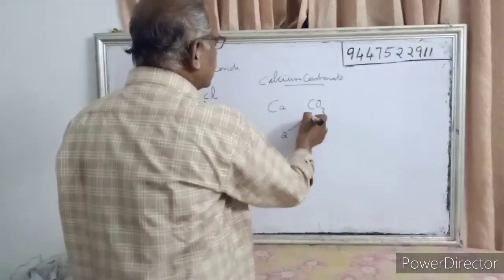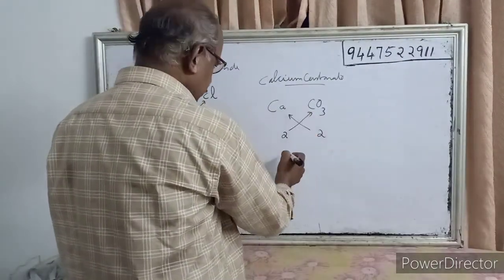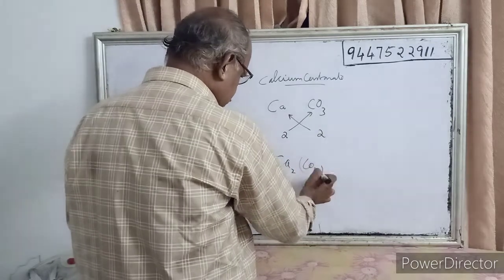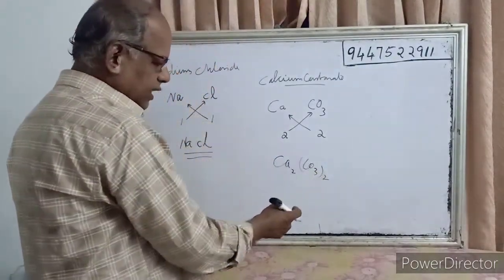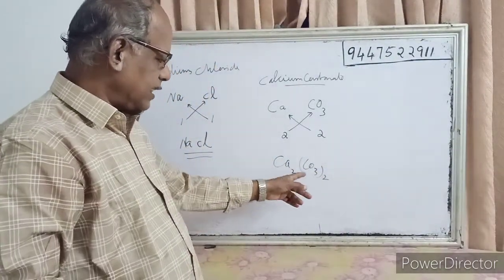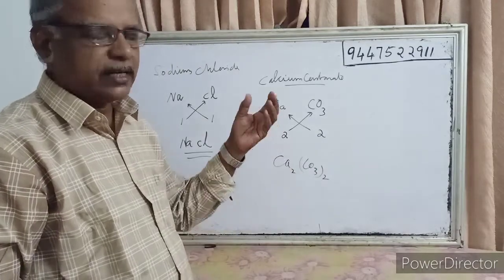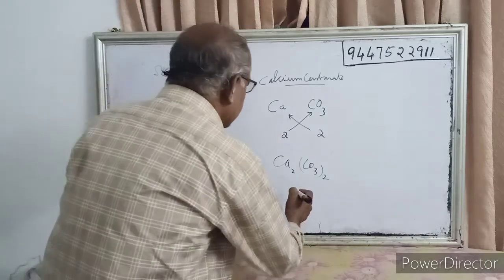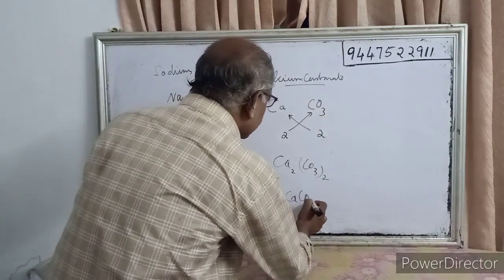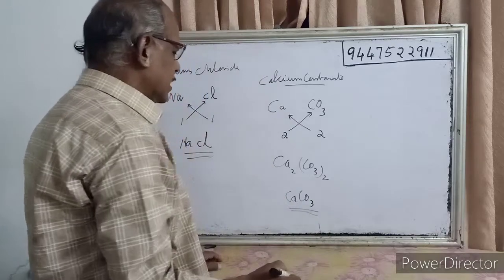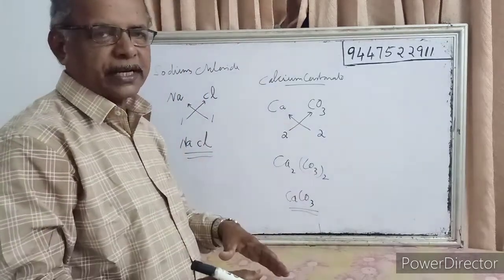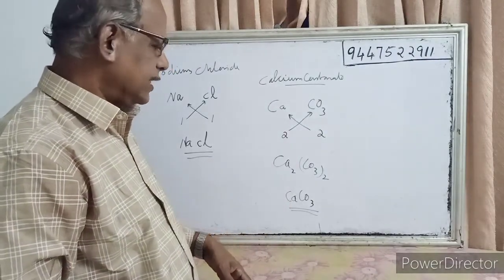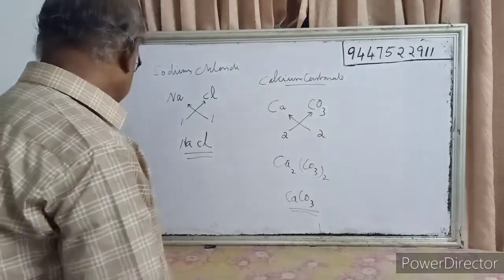Then you cross it, so the formula is Ca2(CO3)2. But since both calcium and carbonate have 2, you can cancel and simplify it as CaCO3. So this is the formula for calcium carbonate.